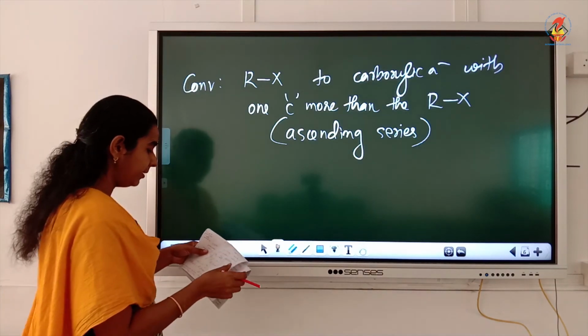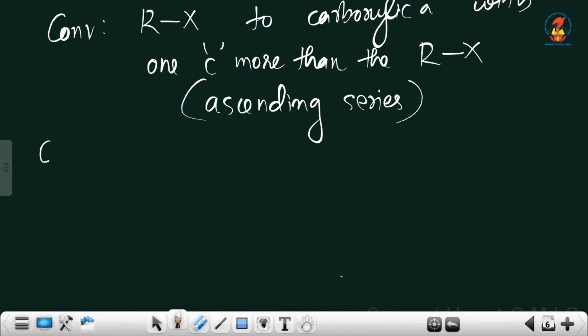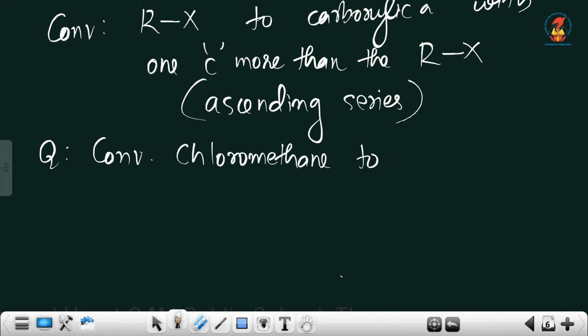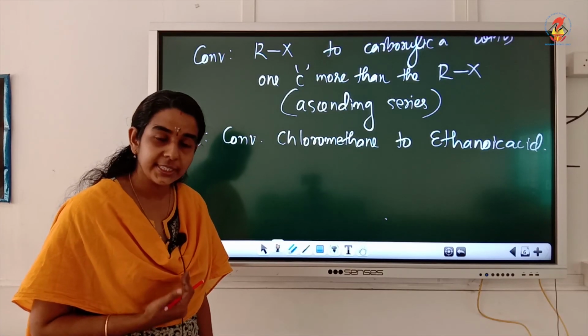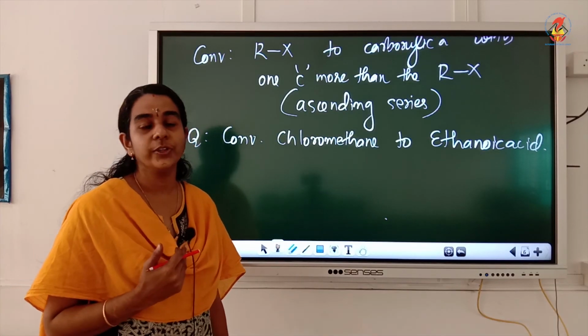For example, if a question comes to convert chloromethane to ethanoic acid, when conversion questions come, they will give only names. So the first thing we have to do is write the structure of the compound.